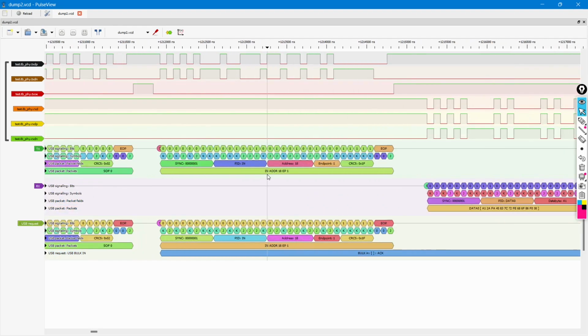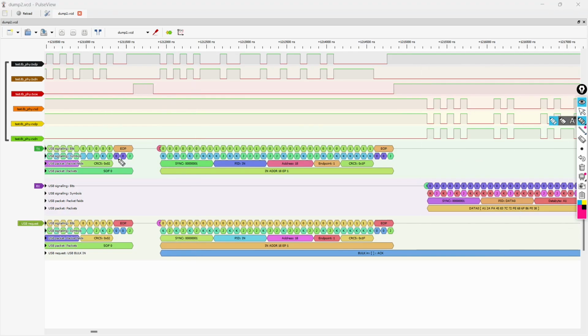If you see in the waveform, you saw KJ. And this is D plus and D minus, whatever I was showing. Since this is TX, you see this data plus and data minus. Data plus is D plus and this is D minus.